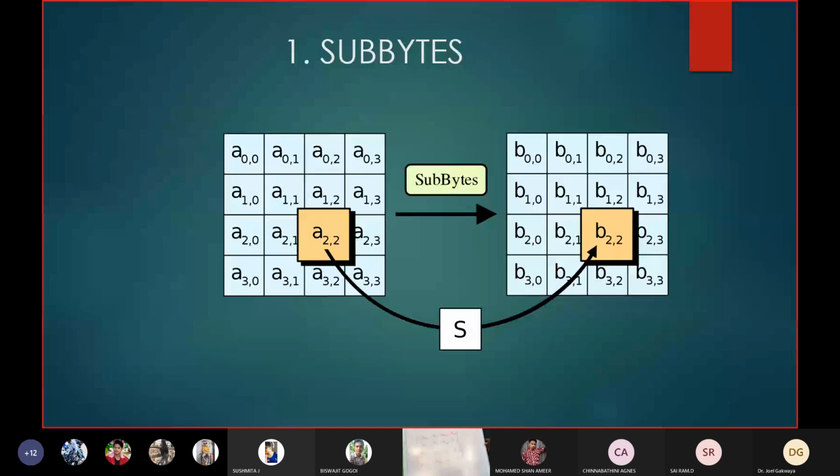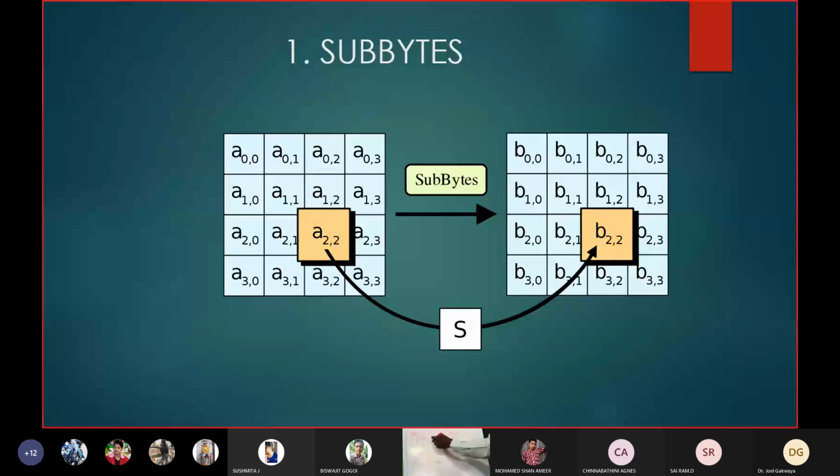So the sub-byte key is going to make a substitution. This is from the byte. When you're going to form a state, there's going to be the substitution of the bytes. Look at the example.